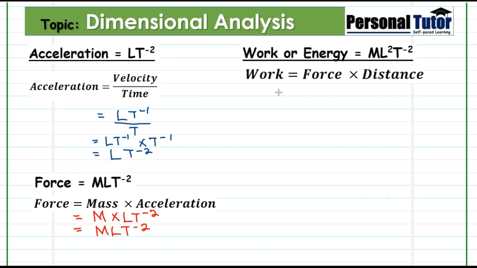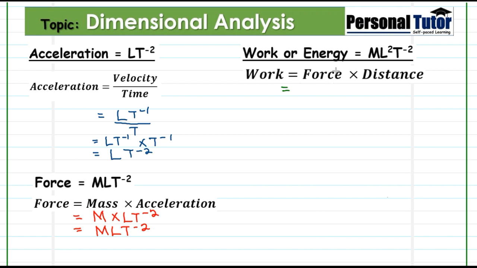Work or energy, which is expressed as ML exponent 2 T exponent minus 2, because work is force times distance.